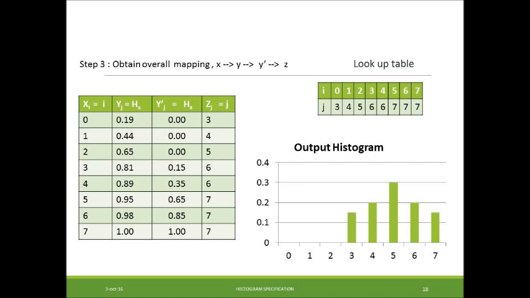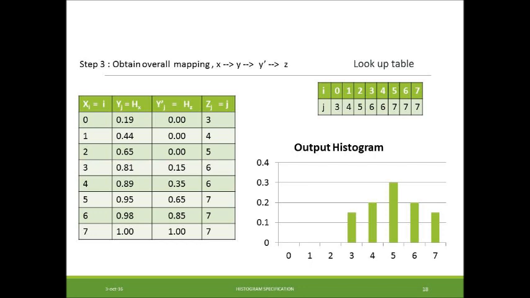We have 0.44 in between 0.65 and 0.35. The difference between 0.44 and 0.65 is 0.21, whereas the difference between 0.44 and 0.35 is 0.09.